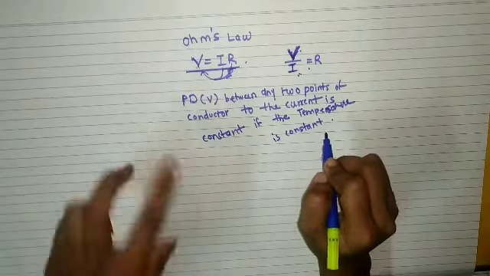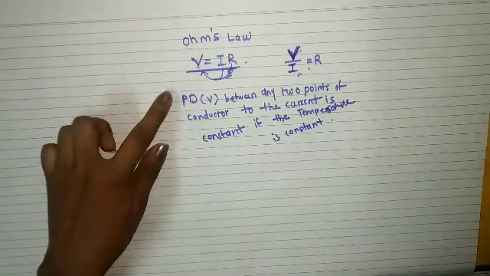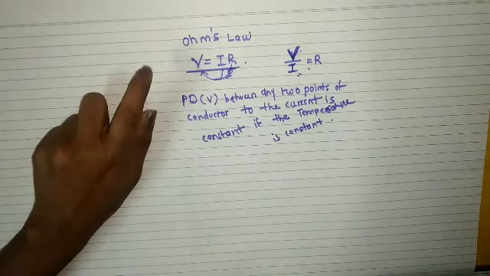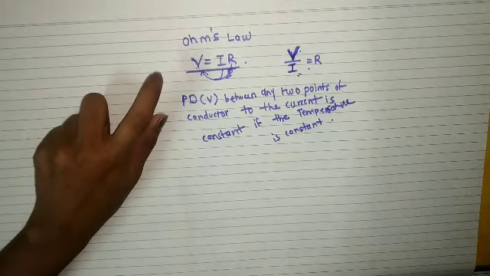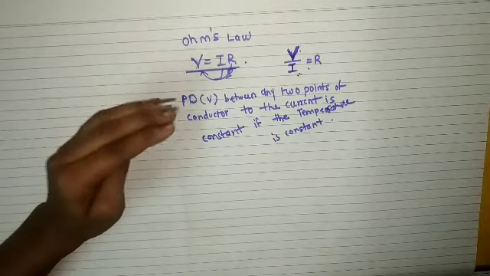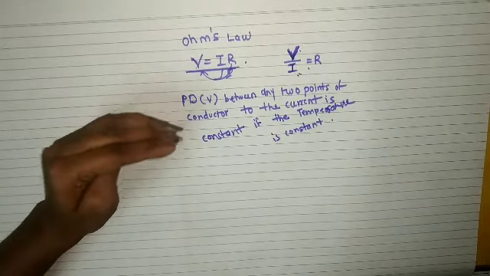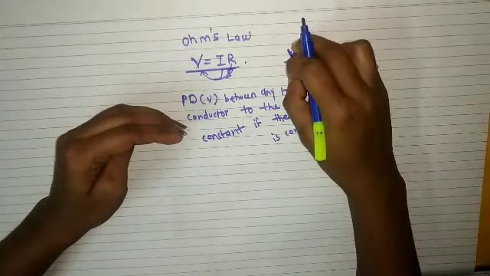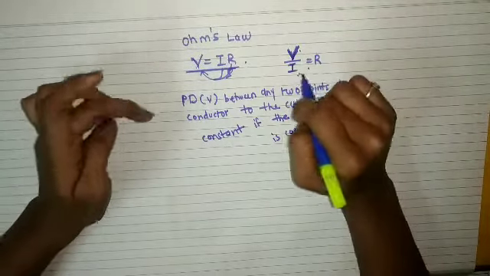So this is the definition from your book: the ratio of potential difference between two points on a conductor to the current flowing through it is constant if the temperature is kept constant.